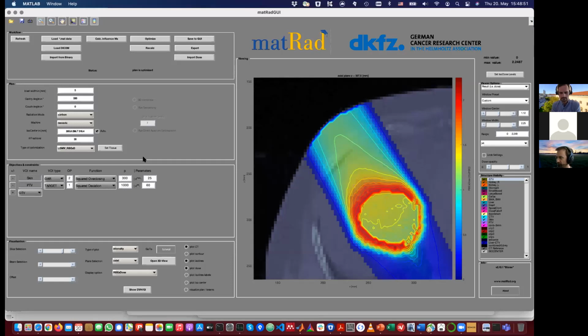But in the photon world, this is often more handled with the prescription level itself. So you think about a different prescription, and this is related to the underlying tissue properties. When you plan for particles, this alpha beta ratio plays more of a direct hands-on role, and you need to think about it more directly than you would be used to from the photon world.